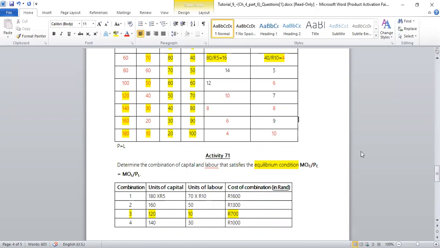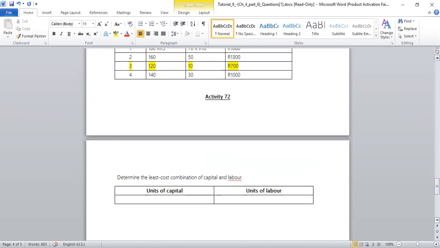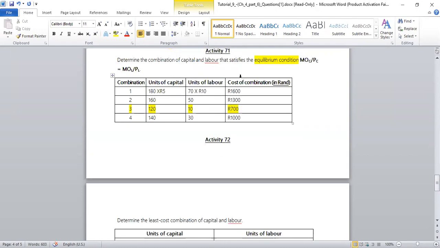Okay, guys, now we are done. Activity 72. Determine the least cost combination of capital and labor. Which one is the cheapest combination? 700, the third combination.